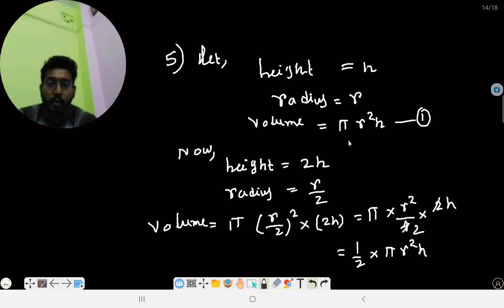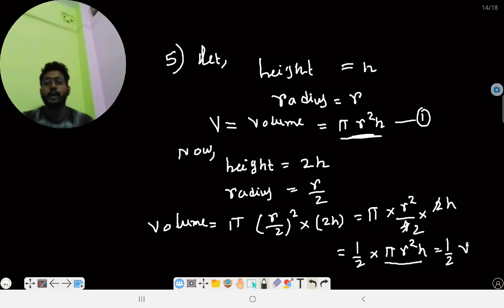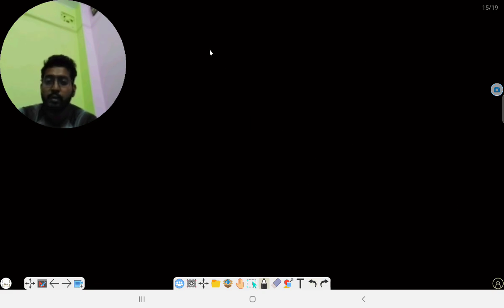Look here, pi r square h was the first volume. Suppose I am writing it as v. So here also pi r square h, so it is half v. That means the new volume will become half of the previous one. Suppose I am calling the new volume v dash. Then v dash is half of v.